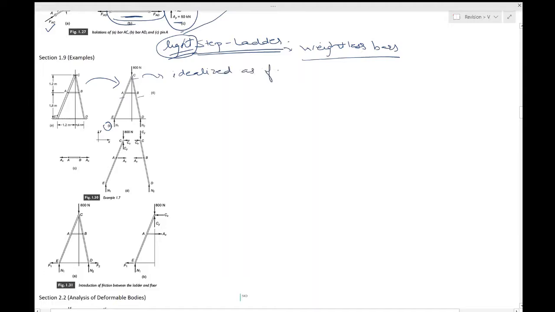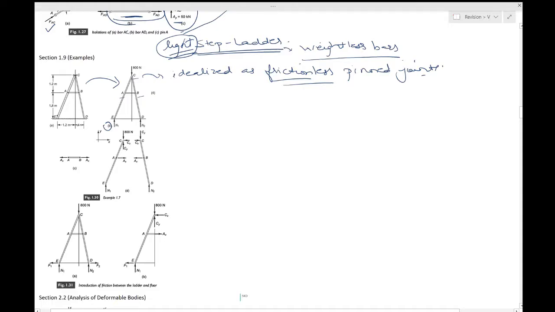We will take up friction somewhere in this problem, but just so that we can focus on one part of it, we are taking it as a frictionless pinned joint.